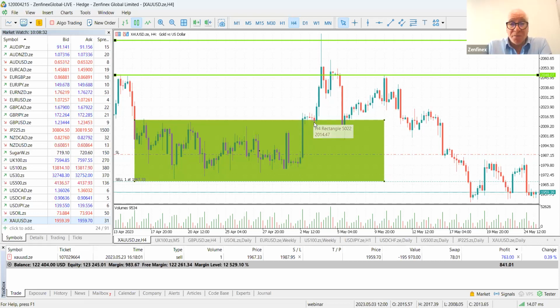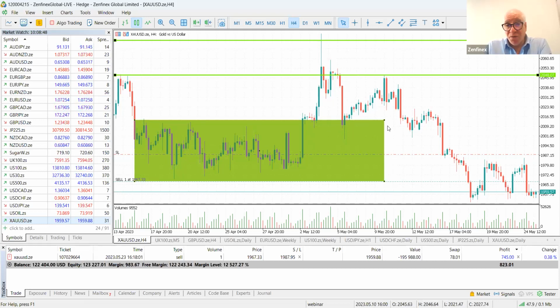It broke out, retested, hit the triple top, immediately retreated, created some consolidation here, came back into this zone, which had been developed over some period of time.